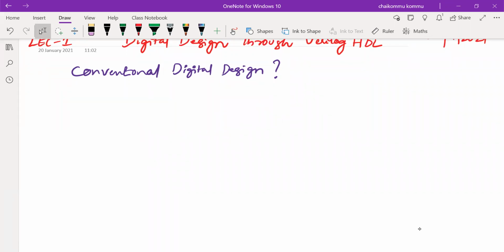What are the things involved in this? That is called the design process. The design process consists of the functionality of the device.